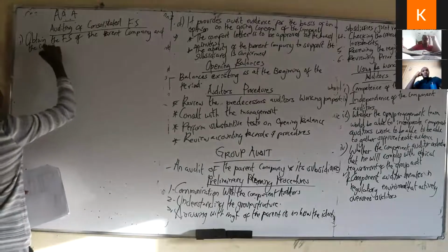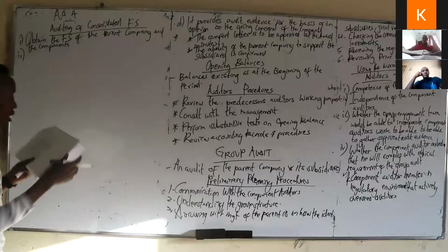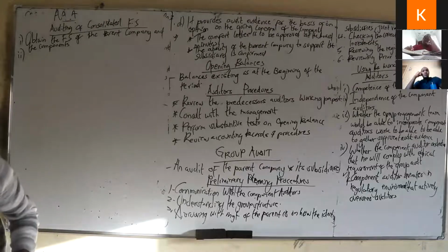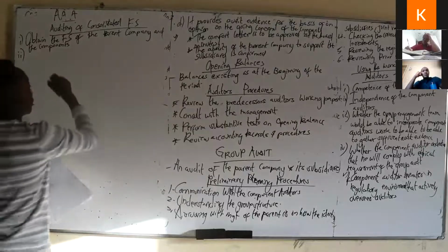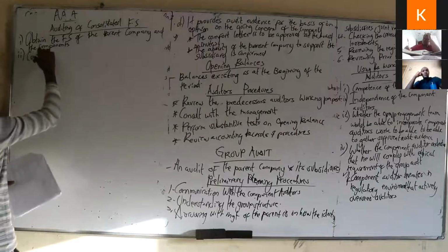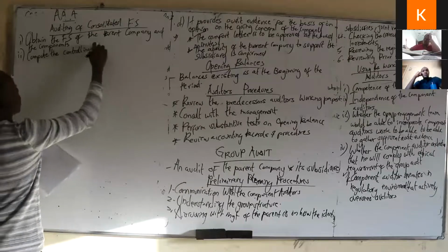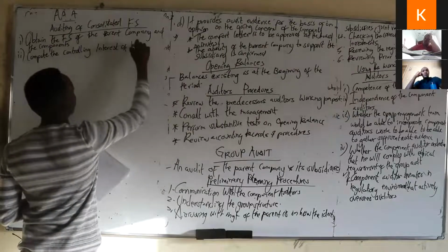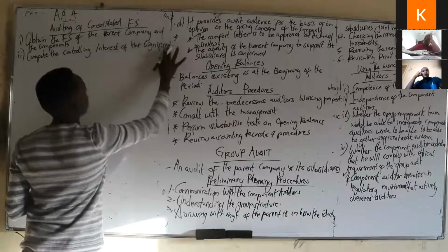Secondly, because this company has its own other components, for example, Makali Limited, you will compute the controlling interest and the significant influence.